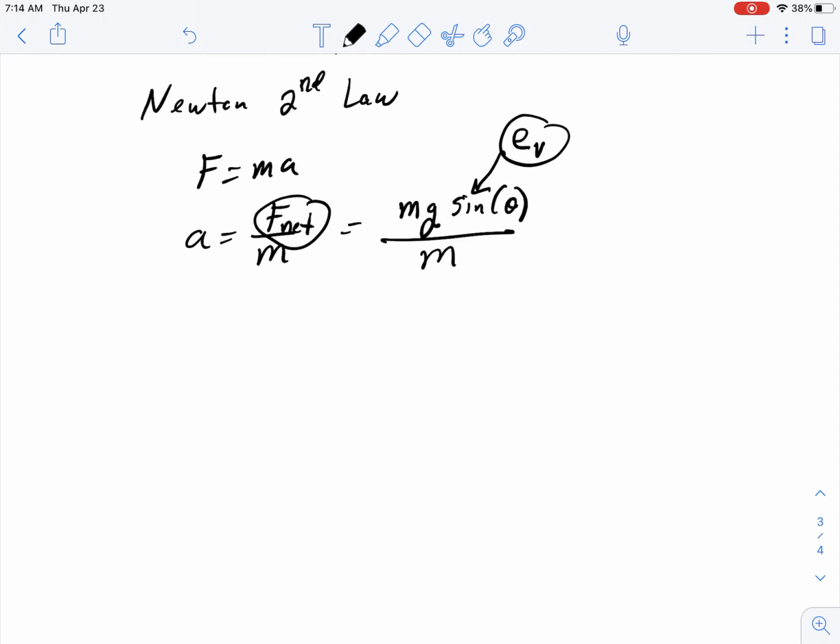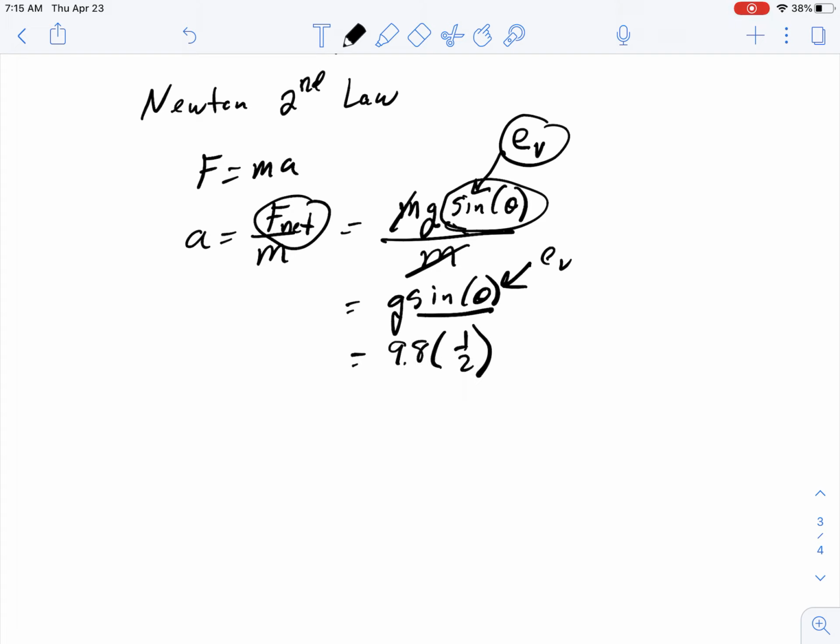Now, what is this? Well, that's your unit vector right there. Anytime you say sine of theta, that would be a unit vector of that piece. Also notice your masses cancel out. So basically, all you have is gravity. So your gravity sine of theta. So here's your unit vector.